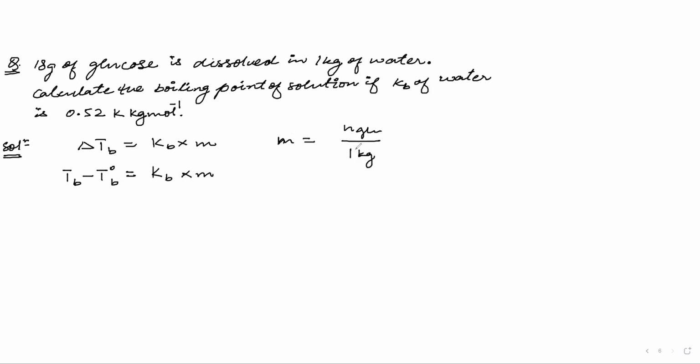So we just need the number of moles. N of glucose is equal to given mass upon molecular mass, which is 18 gram upon the molecular mass. You will get the number of moles. If you're stuck, just raise your hand. If you get the answer, you can post it on the chat.